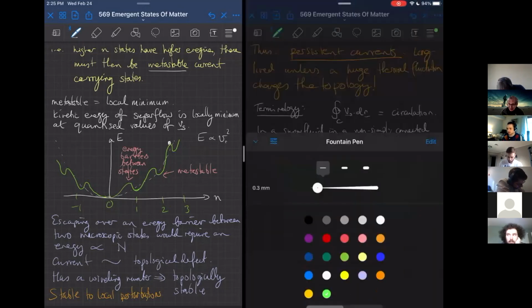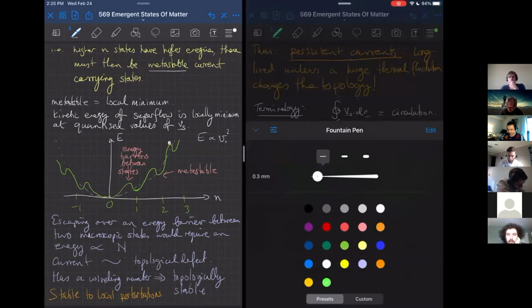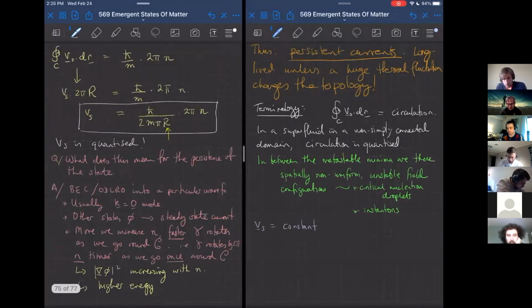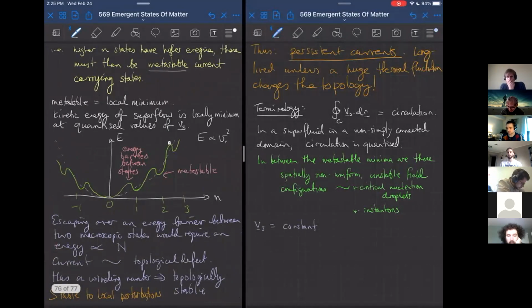And then the question that somebody asked, I think maybe it was Daniel, is that if the velocity is a constant, which is what we've been assuming when we write down this quantization here, that means this constant is proportional to grad gamma, and so gamma is increasing linearly as I go around my curve.